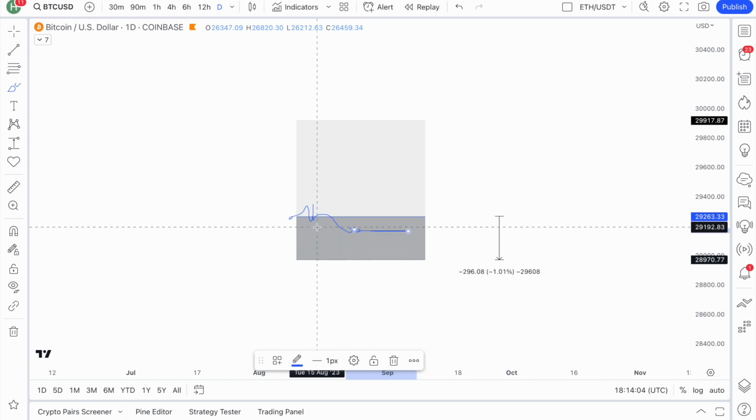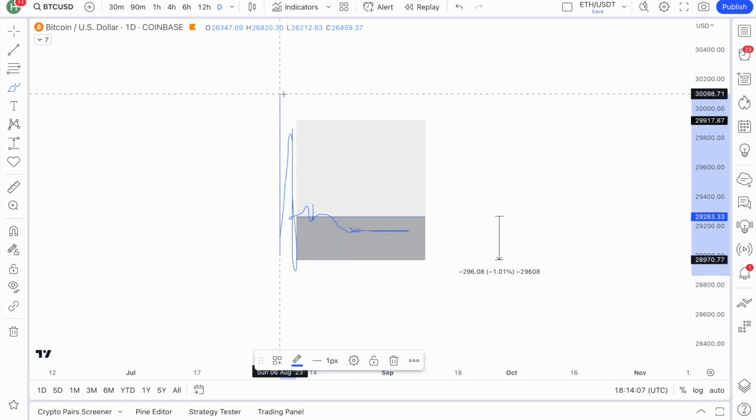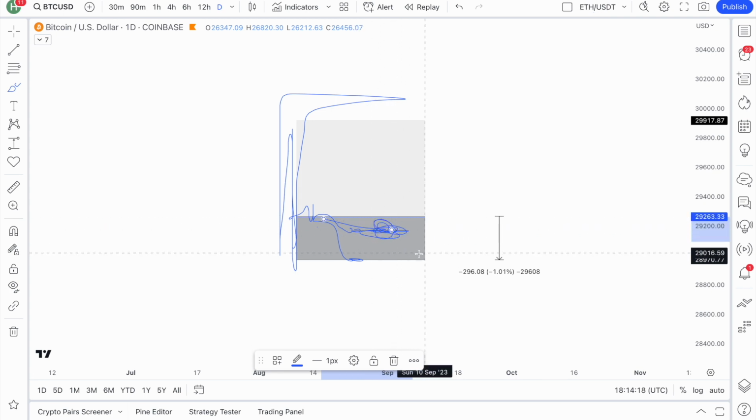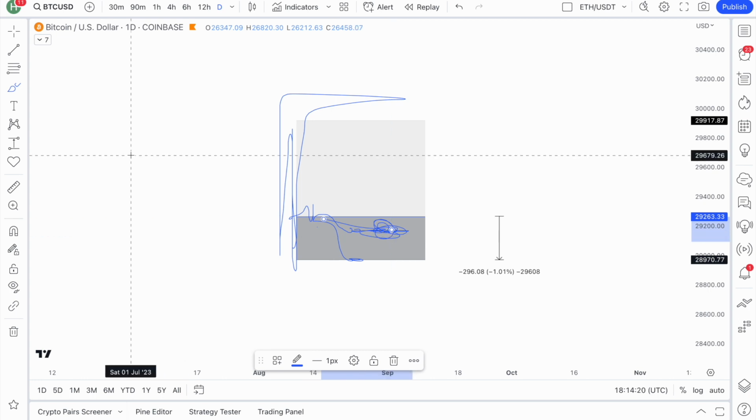Because if you are calculating this whole thing in perspective, you should be comfortable going down to here. If you're uncomfortable and you want to sell right here, then you're doing something wrong, because that's effectively what stop losses are for.